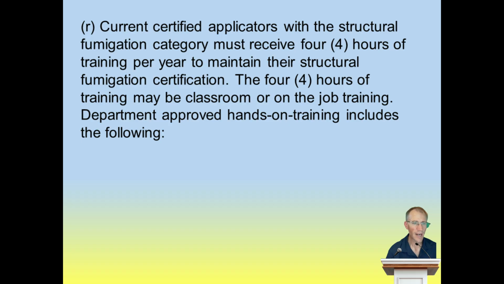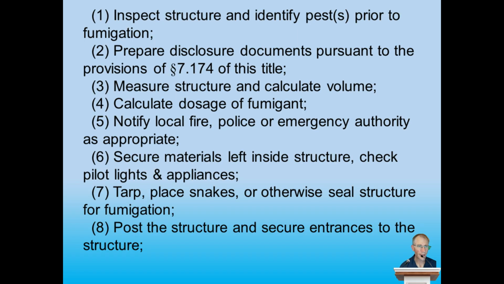Department-approved hands-on training includes the following. 1. Inspect structure and identify pests prior to fumigation. 2. Prepare disclosure documents pursuant to the provisions of 7.174 of this title. 3. Measure structure and calculate volume. 4.